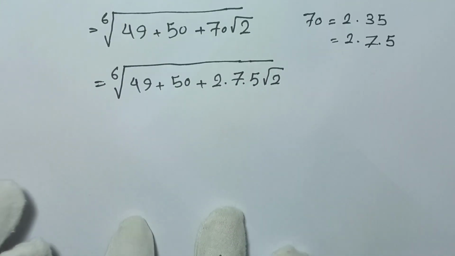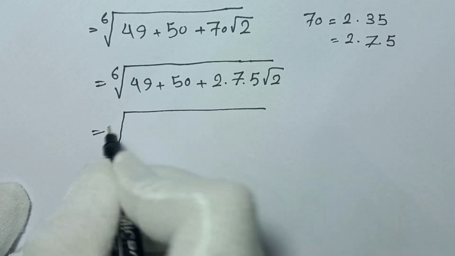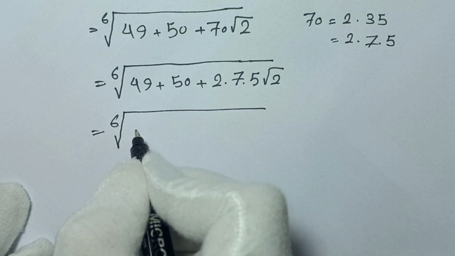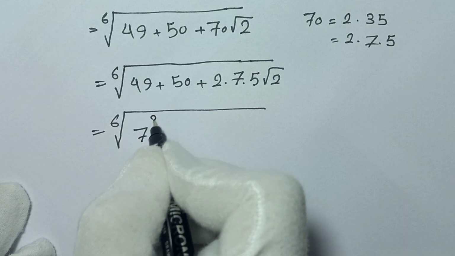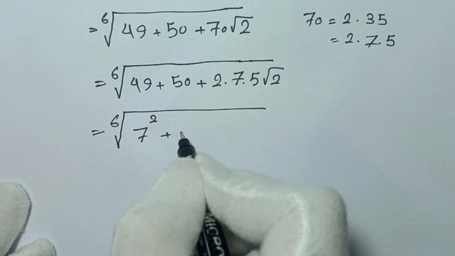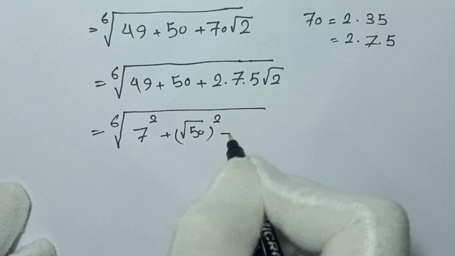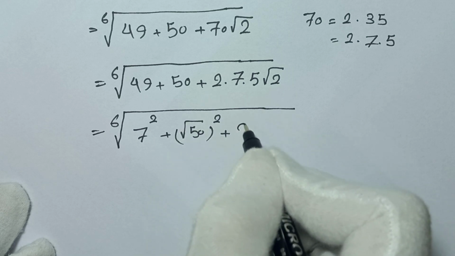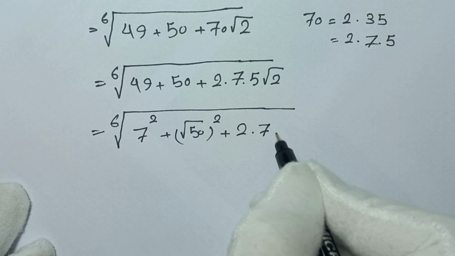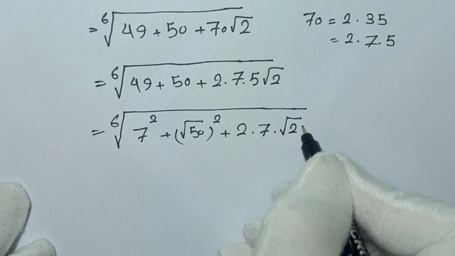So it will be 6th root of, in here we can write 49 as 7 to power of 2, right? Also in here we can write 50 as square root of 50 to power of 2, and plus, in here it will be 2 times 7, and here we can write 5 as square root of 25, right?